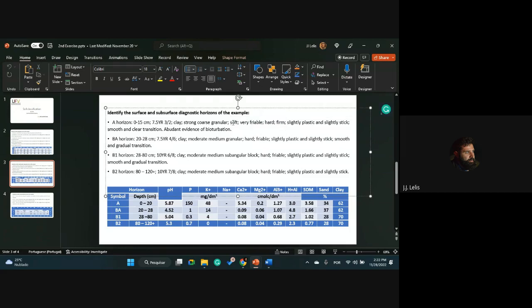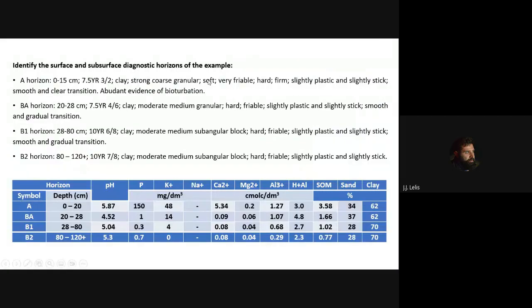Just two of them, either soft or hard. It couldn't be soft and hard at the same time, and it couldn't be very friable and firm at the same time. Maybe it's just soft and very friable and slightly plastic and slightly sticky. Like here is correct, and here is correct, and here is correct.